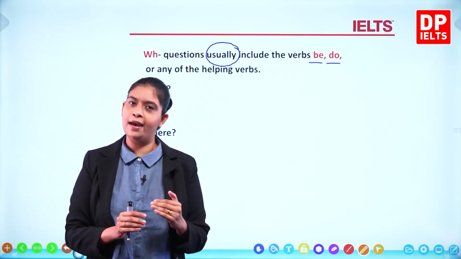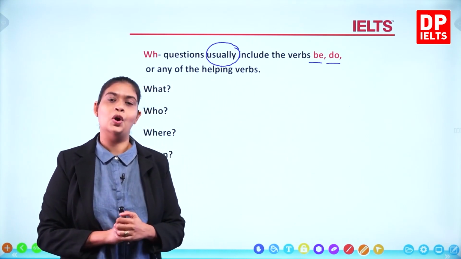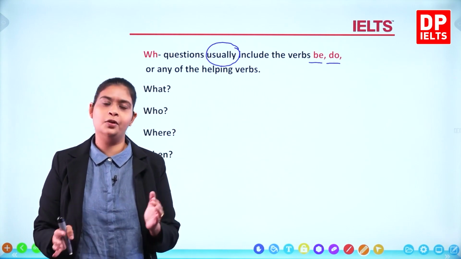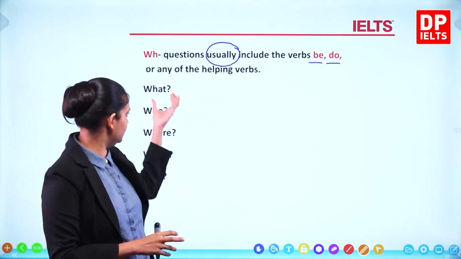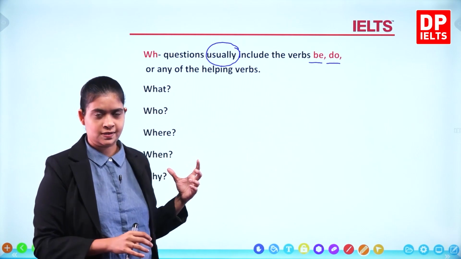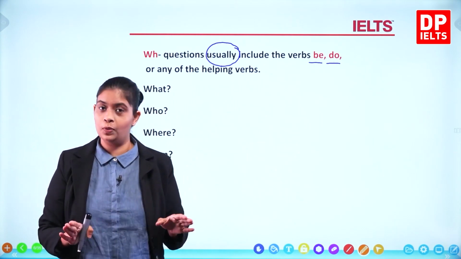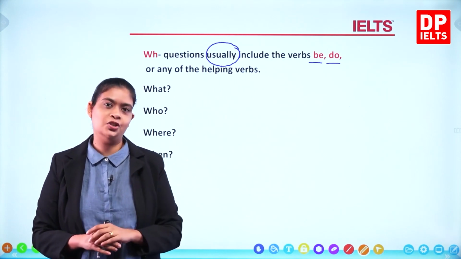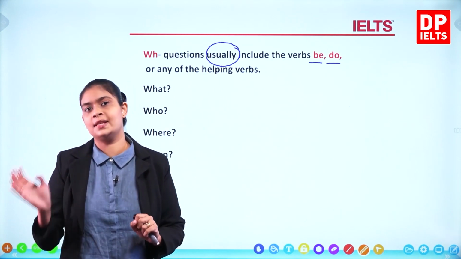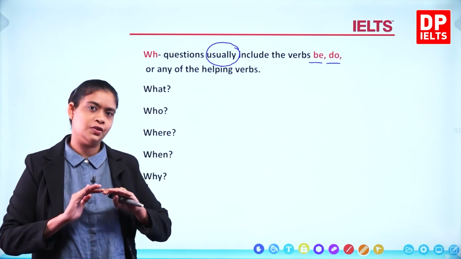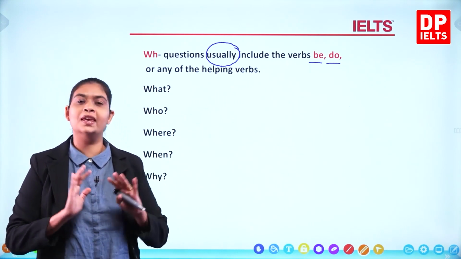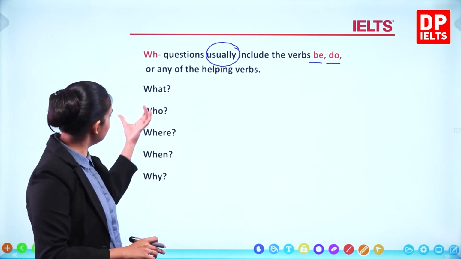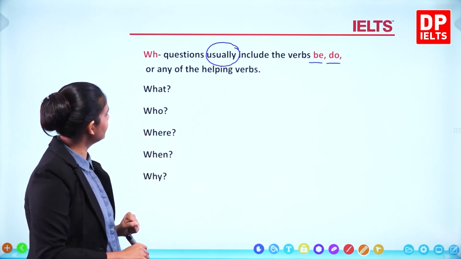So, you can have a be verb or you can have do or any other helping verb with these WH questions. It is not always, I'm saying usually. It could change and there could be a few exceptions, right? But in today's lesson, we are only looking at the usual way and focusing on these 5 question tags.